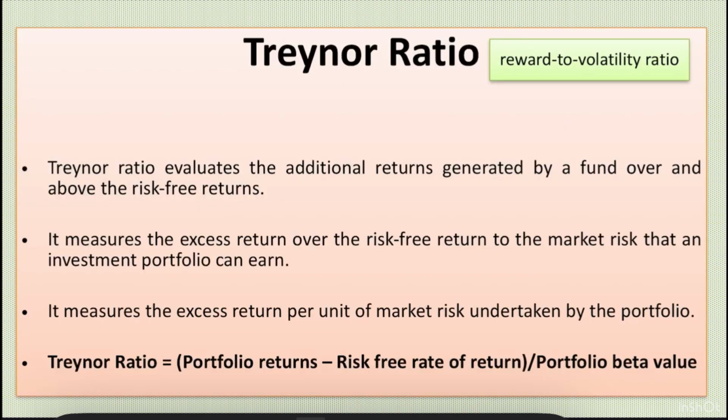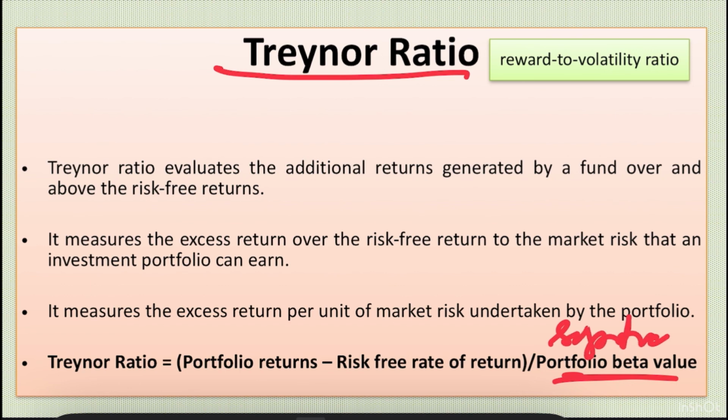Next ratio that I'm taking into account is your Treynor ratio. This ratio is similar to that of the Sharpe ratio, with one difference, that is it takes into account the beta. That means only systematic risk, right? Why? The basic assumption of the Treynor ratio is that unsystematic risk can be mitigated through diversification.